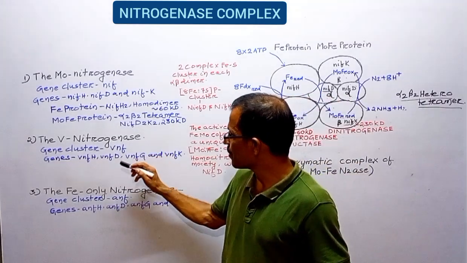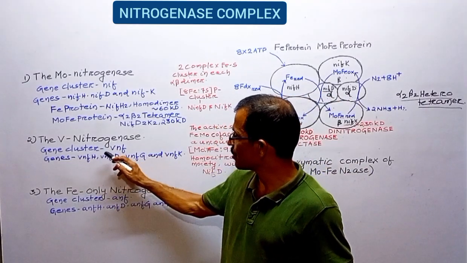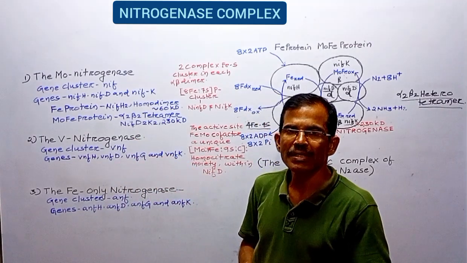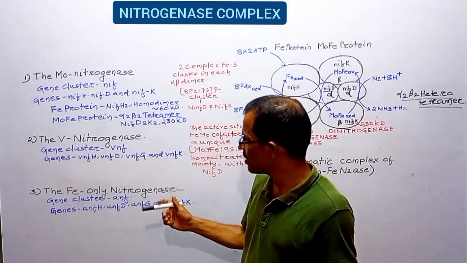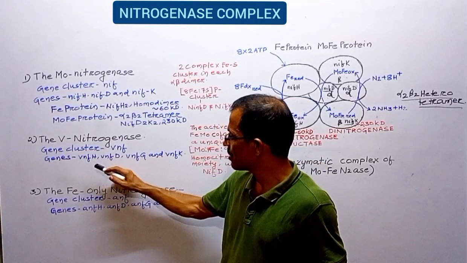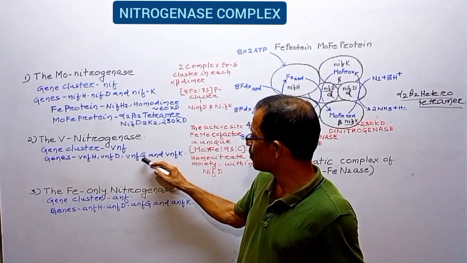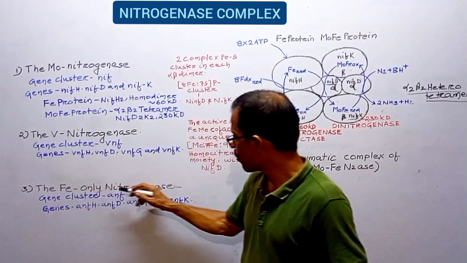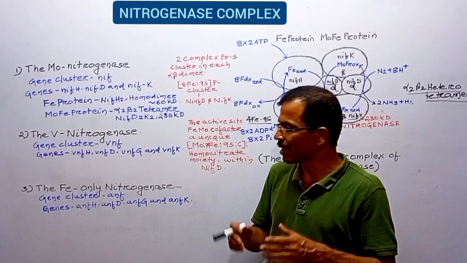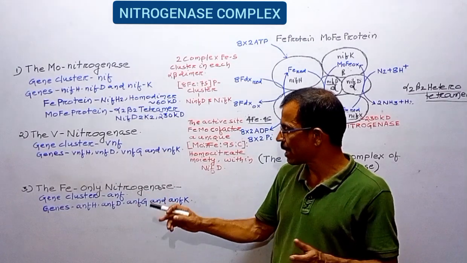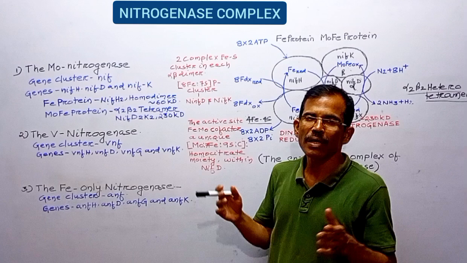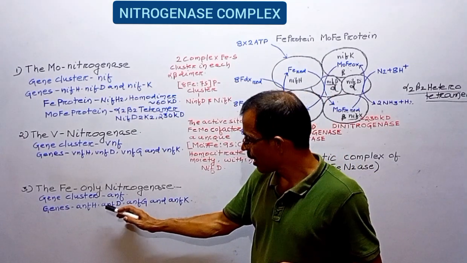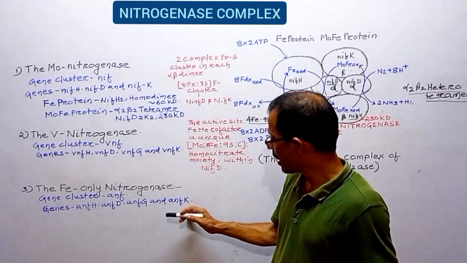The vanadium nitrogenase is encoded by the gene cluster VNF, and its structural components are encoded by specific genes such as VNFH, VNFD, VNFG and VNFK. Third one is the iron only nitrogenase, which is encoded by the gene cluster ANF, and its structural components are encoded by genes ANFH, ANFD, ANFG and ANFK.